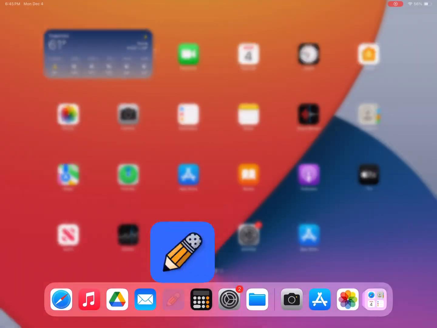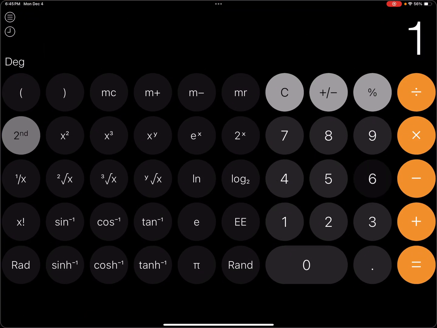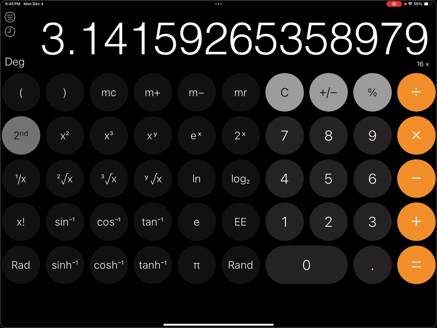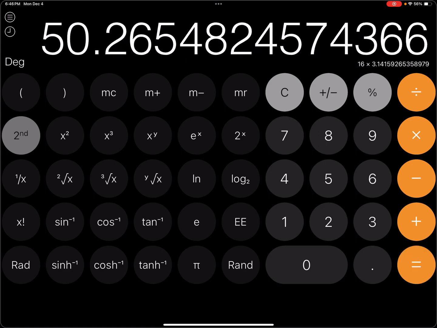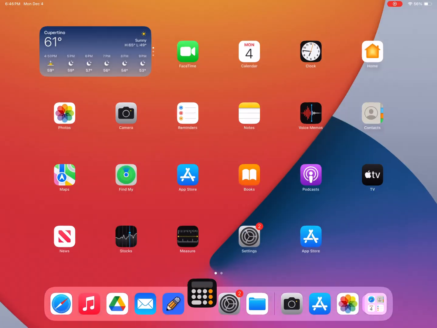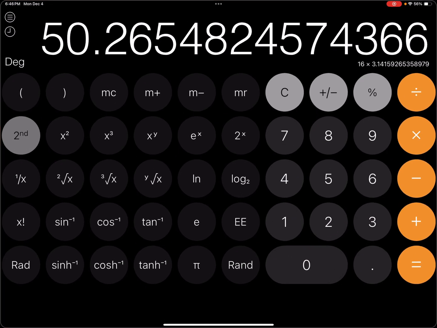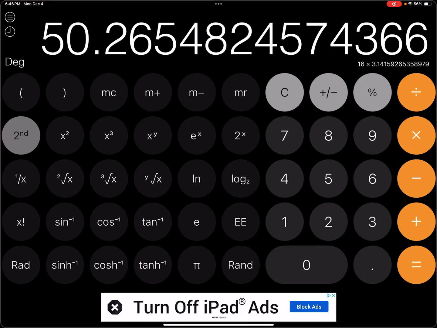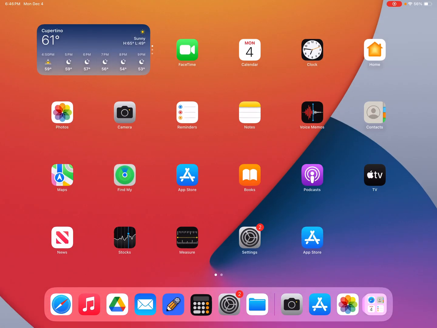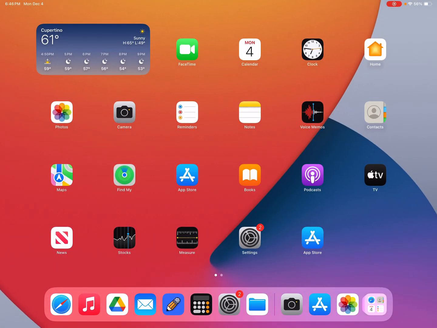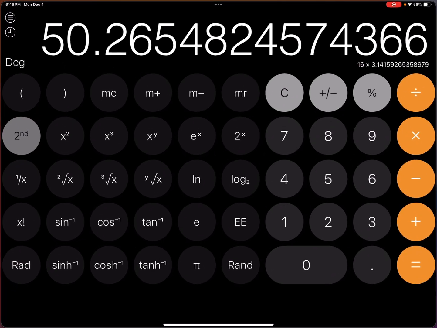If I wanted to round that, we would just type it into our calculator, 16 times the pi symbol. Use the pi symbol, not just 3.14. This is about 50.3 if I rounded it to the nearest tenth. I could also round that to the nearest hundredth, which would be 50.27, and you could keep rounding and keep rounding. Unfortunately, when you round, your answer is less precise.